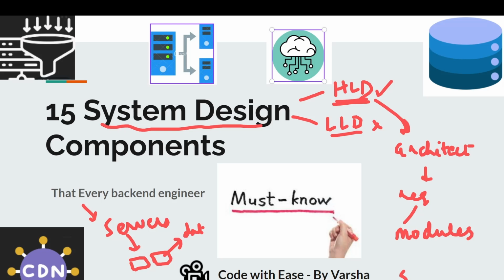So if you have to do all of these things together, you have to understand about the building blocks. And those building blocks are something like the most commonly heard load balancer, message queues, content delivery network or CDN, reverse proxy, and so on. Now, traditionally, there are two ways of doing this.